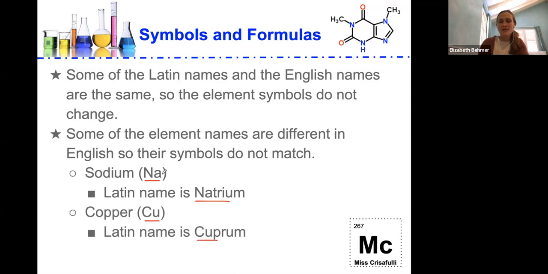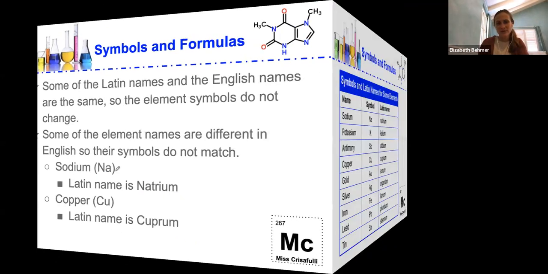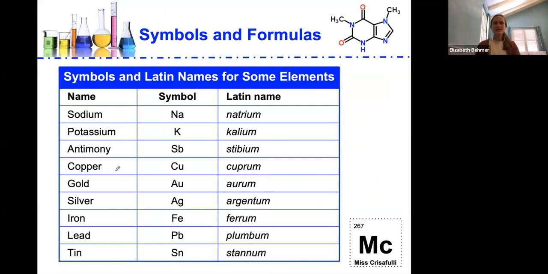Sometimes the chemical symbols don't always match with the element name, because some will use their Latin names for the chemical symbols. So here's a look at symbols and formulas in the periodic table, specifically ones that don't completely match the chemical symbol with the English name. And you can see the Latin name and where it would get the symbol from.